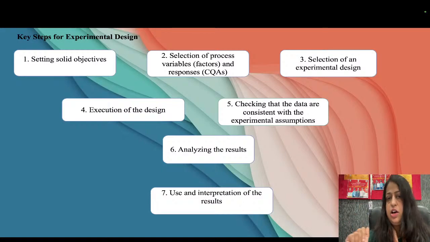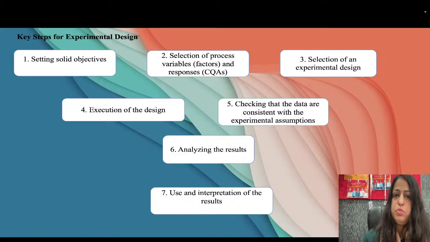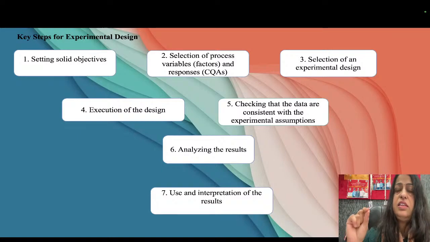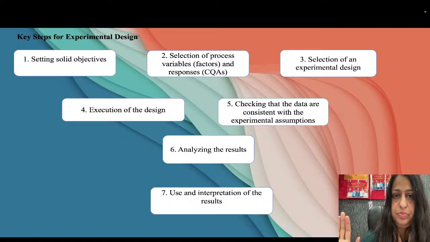One more thing I want to tell here, that in selection of the variables, two types of variables we are having, right? One is formulation variables and second is process variables. If I talk about the formulation variables, then I will select the amount of excipient, amount of polymer, amount of disintegrating agent. If I am talking about the process variables, then these process variables are stirring speed, shearing speed, or where I am selecting any process variable.